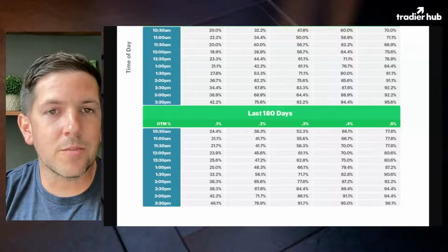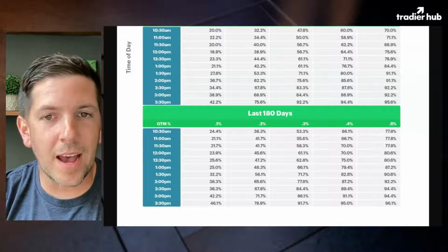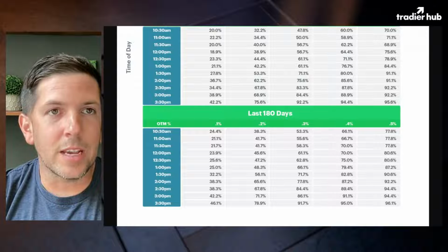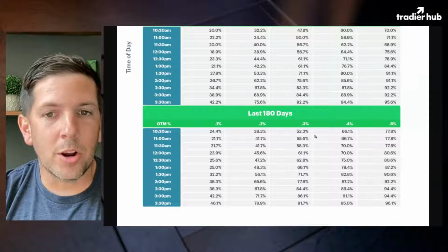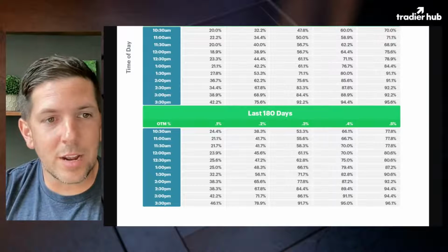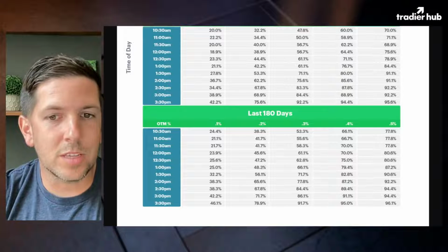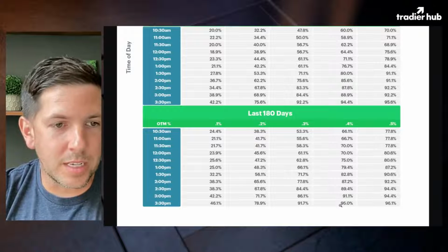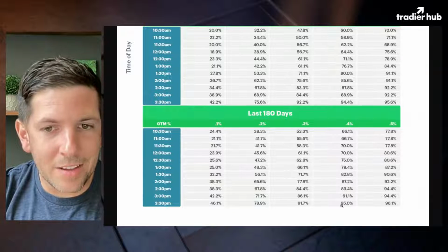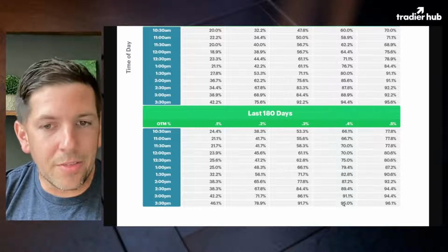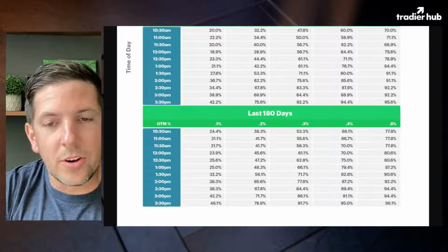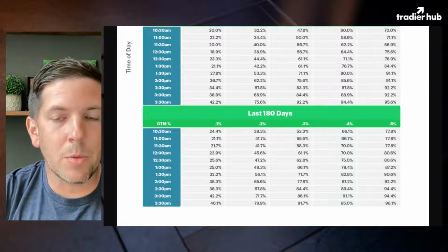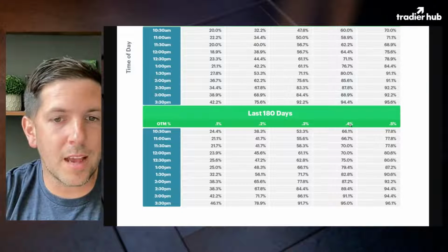So we also did this for 0.3, 0.4, 0.5. It's very fascinating stuff. So you can see, again, generally how many times the market goes outside of these ranges as it gets closer and closer to the end of the day. So for example, the 0.4% range, just so you can see how we read this: 95% of the time at 3:30, so basically from 3:30 till the end of the day, 95% of the time, the market stays within 0.4% up or down.